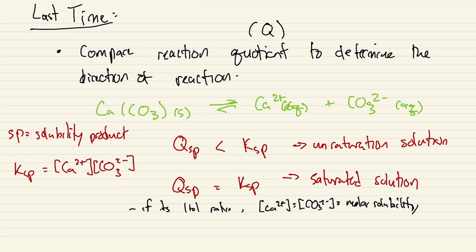If these had coefficients here, then they wouldn't be exactly equal to it, but they would be related to it in some way, like either to the molar solubility squared or whatever the coefficient was in that case. And then when we had a situation where QSP was greater than KSP, how do we define that solution?